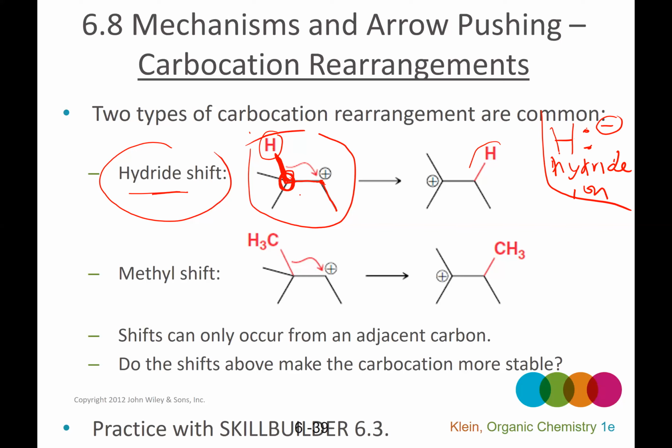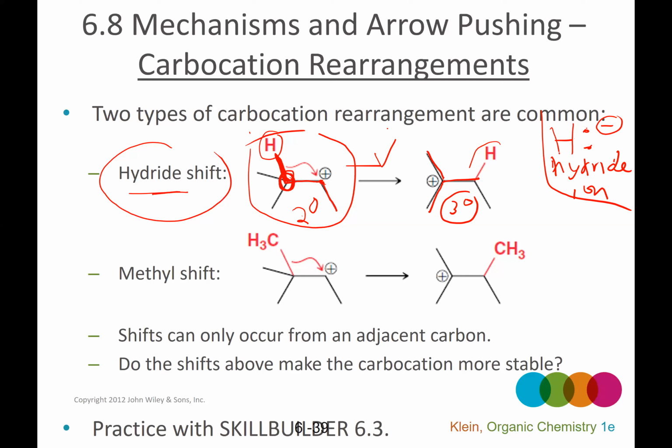This hydride shift resulted in a secondary carbocation over here becoming 1, 2, 3, a tertiary carbocation. So we went from a less stable carbocation, secondary, to a more stable carbocation, tertiary. That's favorable, and so that will occur, okay? So whenever you can form a more stable carbocation by a hydride shift, it will take place, okay?